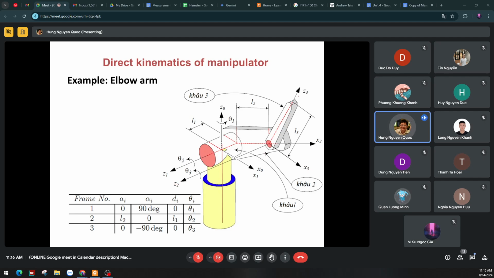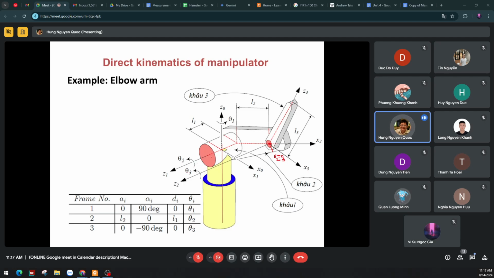So Z2 and Z3 cross each other here, then O2 and O3 are the same. So here this one is O2 and O3, the same. And here I show O1 and O0 are the same. So in this case, what is A?